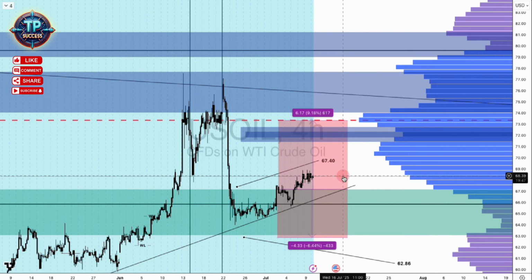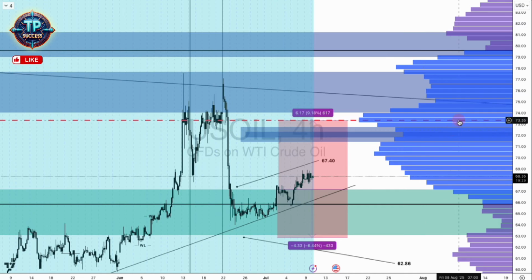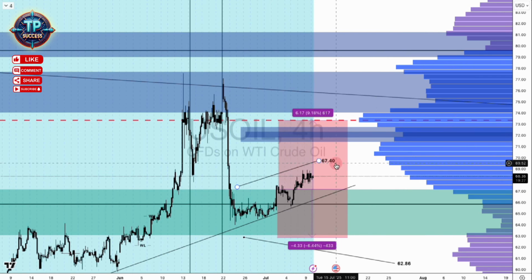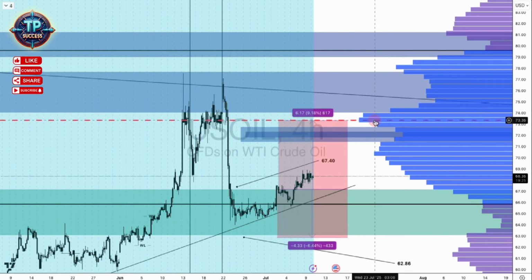So as it stands, price is pushing up. Once price gets to this zone over here, we want to see what it's going to do. Is it going to break through to get to the point of control? And remember, at this point, because price is now in the zone of the high value area, it is attracted to the point of control, which is up here.